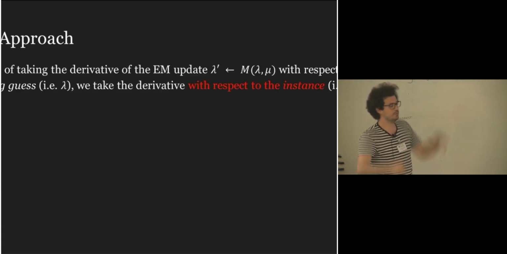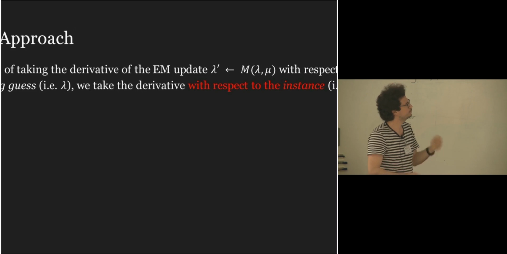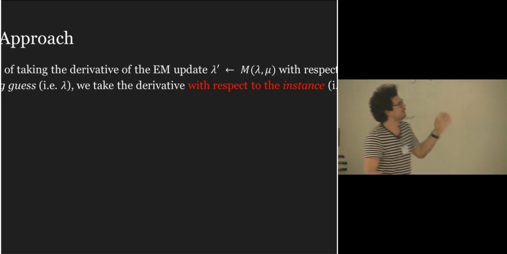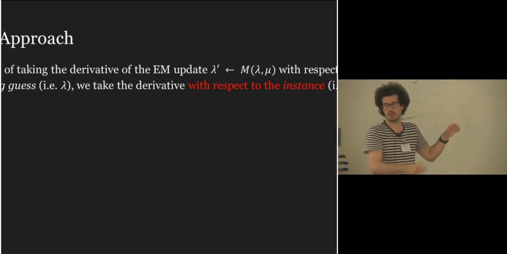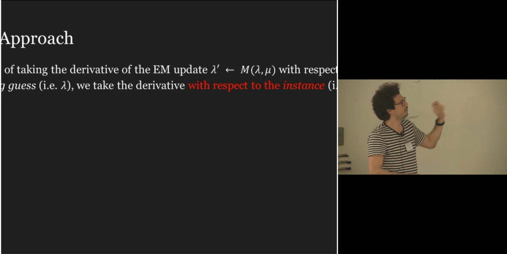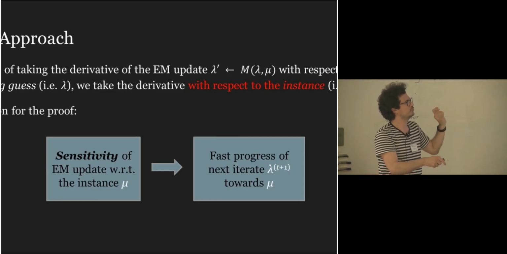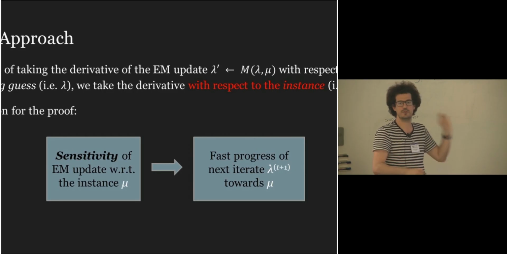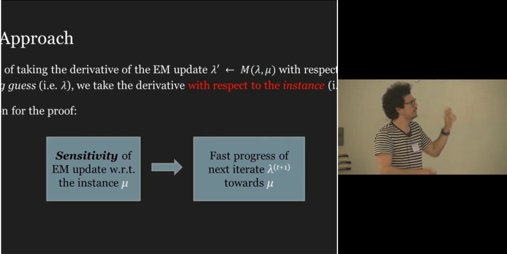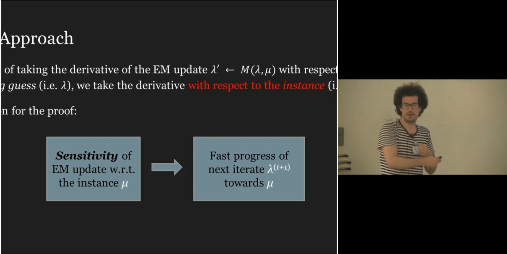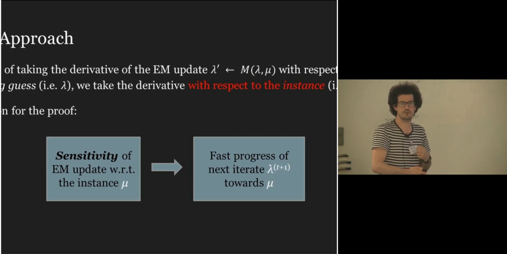So we flipped the problem on its head. Instead of showing contraction, we do the following interesting idea, which is generalizable. Instead of showing contraction of the iteration with respect to the current iterate, we look at its sensitivity with respect to the instance, with respect to the truth. What we show is that if the update is sensitive with respect to the truth, then that implies making progress towards a solution.